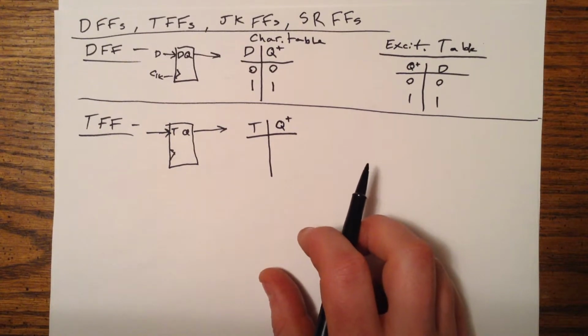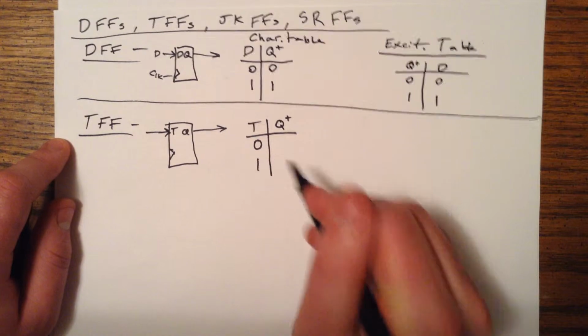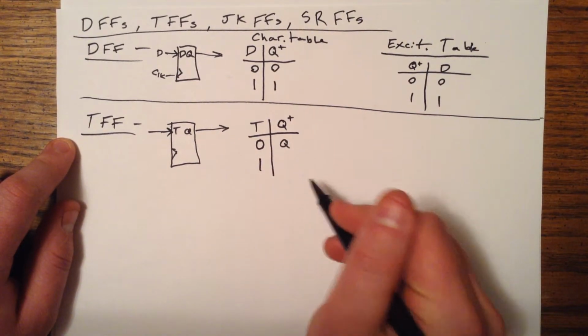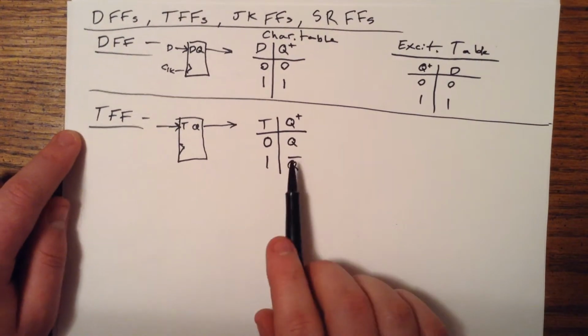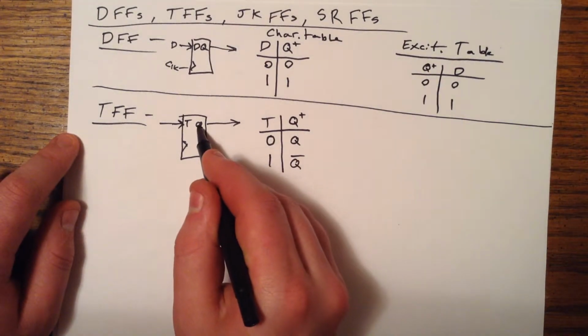So, if T is 0 or 1, then Q plus will be Q or not Q. So what does this mean? Let's take a closer look at this. So, this being the Q.